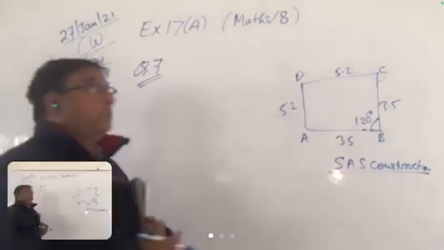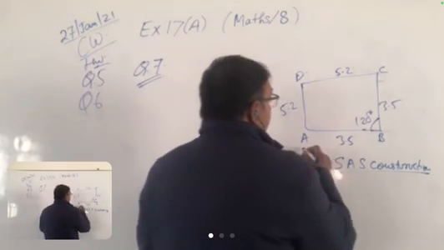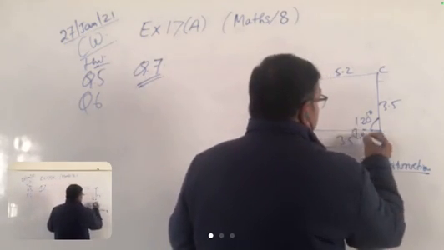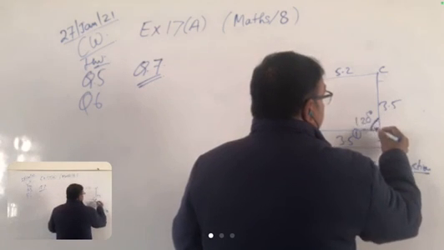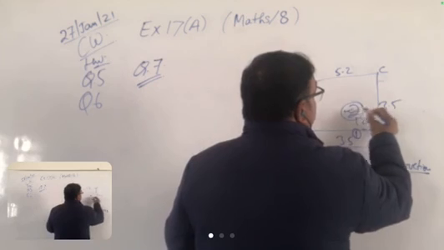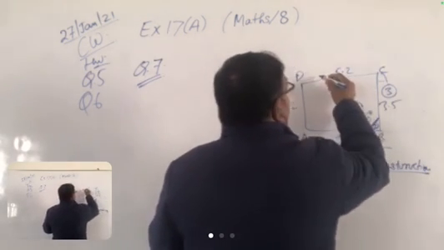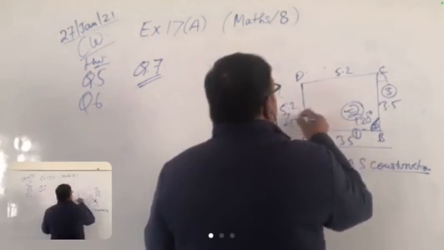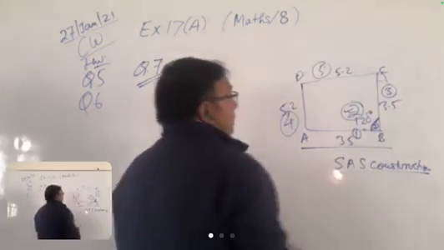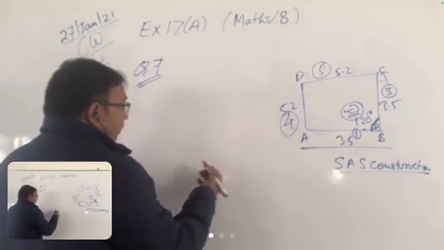Side angle side construction. So first we have to draw this side, second draw the angle, third this side, then fourth, and this is fifth. See the numbering, please.